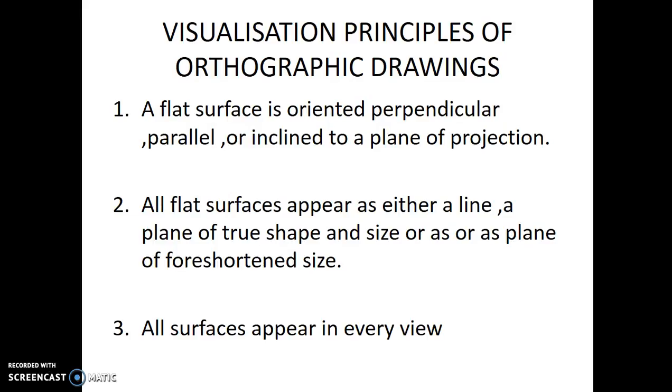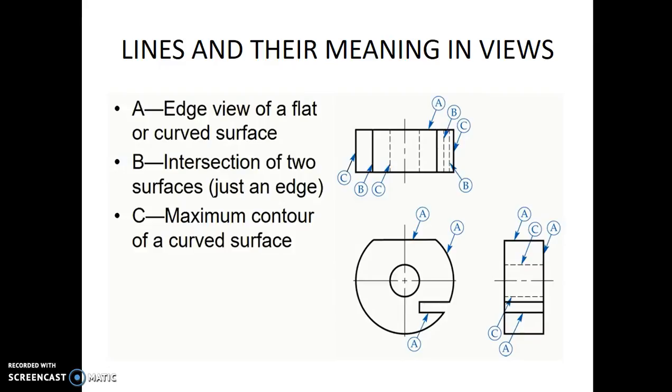With this knowledge, let us see the different types of lines seen in orthographic projections and their meanings. Now, this is the top view, this is the front view, and this is the side view of the object.